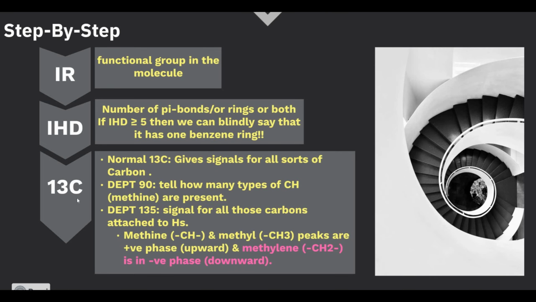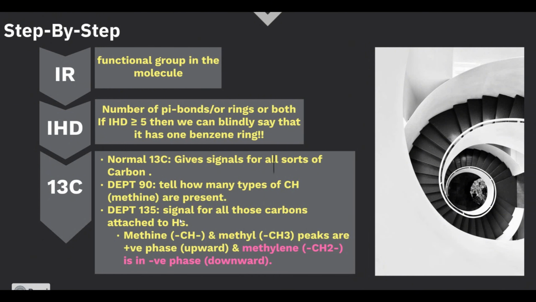Then look at the 13C NMR. Normal 13C NMR gives signals for all sorts of carbon, meaning all types of carbon signals you will see. Then look at the DEPT 90 NMR, which tells you how many types of CH methine carbons are present in the molecule. After that, look at DEPT 135. In DEPT 135, only those carbons showing signals which possess hydrogens.